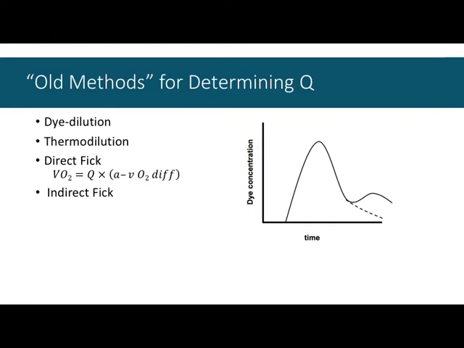So what this tells us, the shape of this curve, if this is a very abrupt, fast spike, up and down, it tells us that cardiac output or flow is slow. Why is it slow? Because as the bolus is injected, the flow isn't pulling it apart.